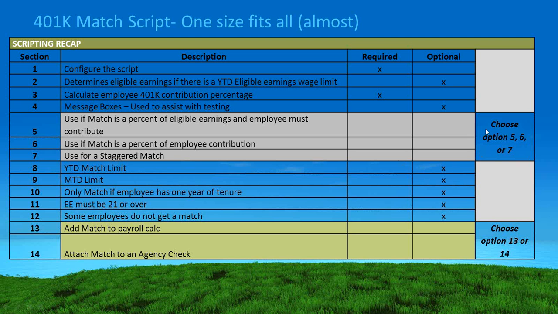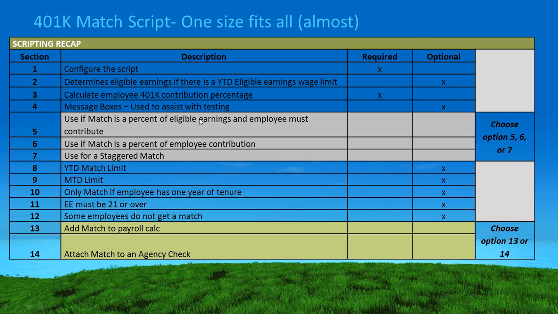Now, in this section where it says choose 5, 6, or 7, there are 3 what I would call primary types of calculation requests that we get. The one that we did in our simple wizard is a percentage of eligible earnings, and the employee must contribute to it.